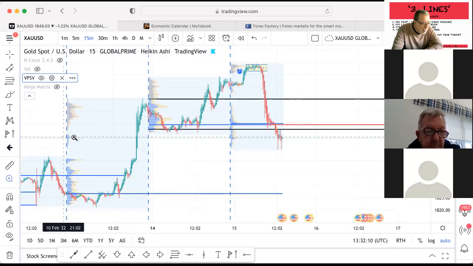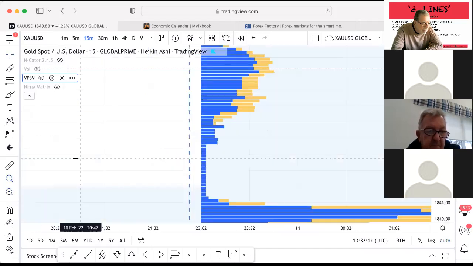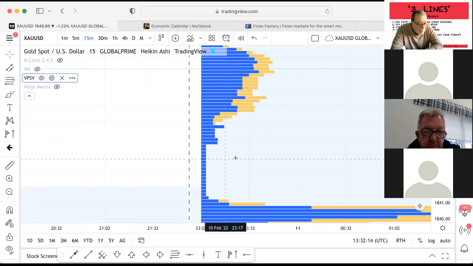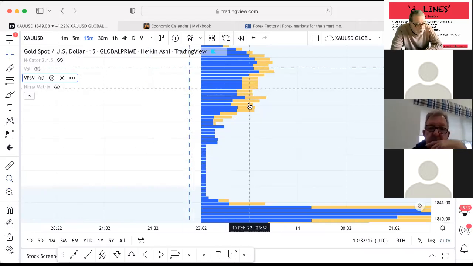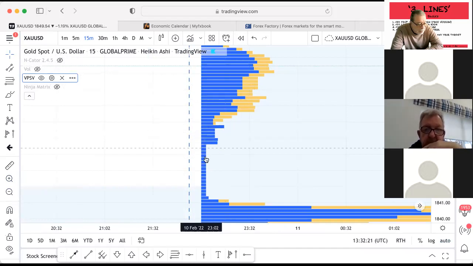That's where I was looking, isn't it? So these are all buys. The yellow ones are selling orders, and the blue ones are buys, and this is entirely blue.